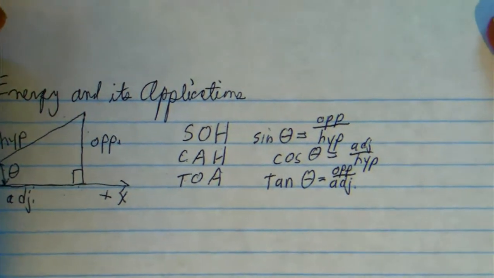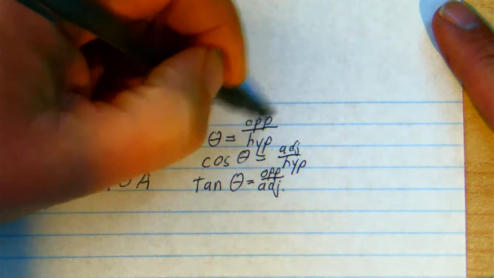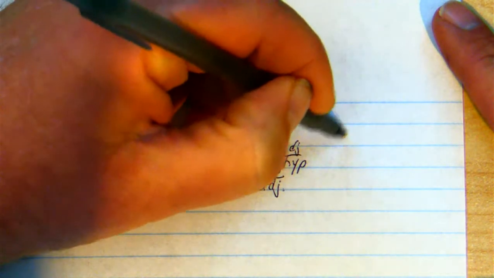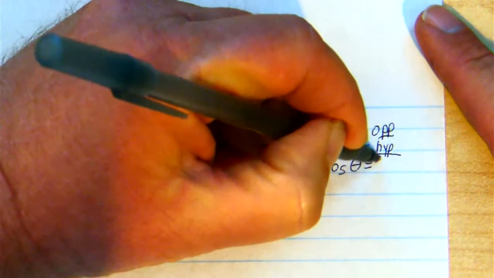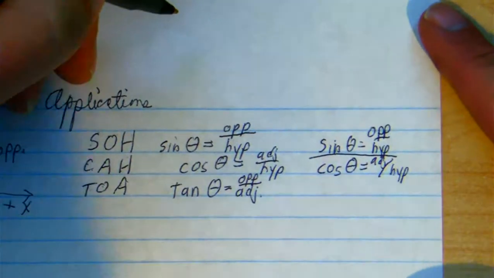And just because I love math so much, I kind of feel compelled to point out to you that if I take the sine of theta, which is the opposite over the hypotenuse, and I divide all of that by the cosine of theta, which is the adjacent side divided by the hypotenuse, guess what?